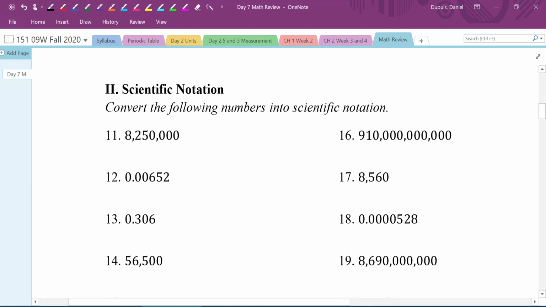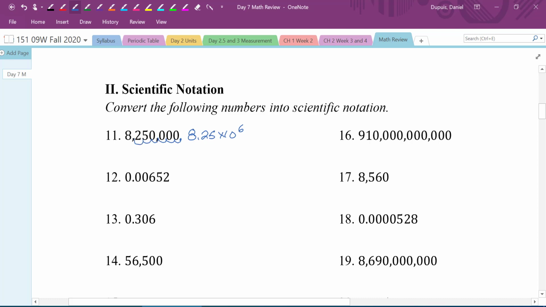Number 2 here, scientific notation. With scientific notation, this is hopefully not as confusing as sig figs can be for some. So 8.25. Everything we write in scientific notation is significant, by the way. 8.25 times 10 to the 6th, because we start right here. 1, 2, 3, 4, 5, 6.